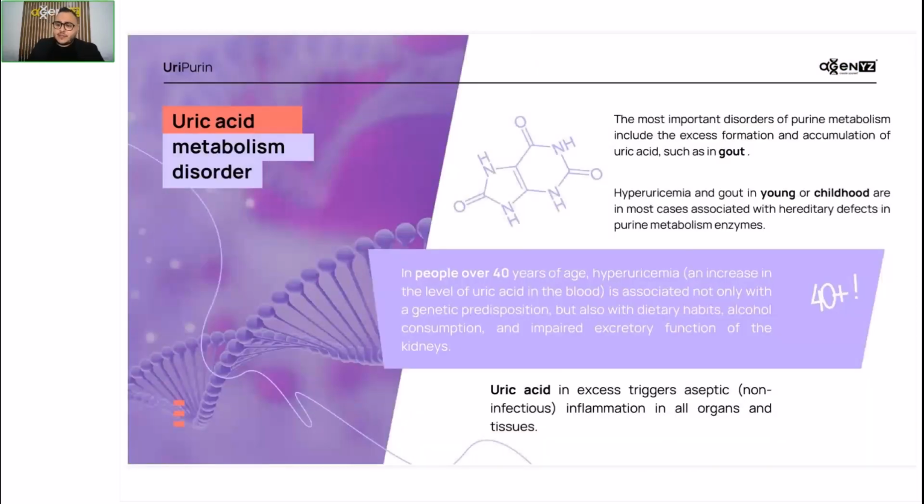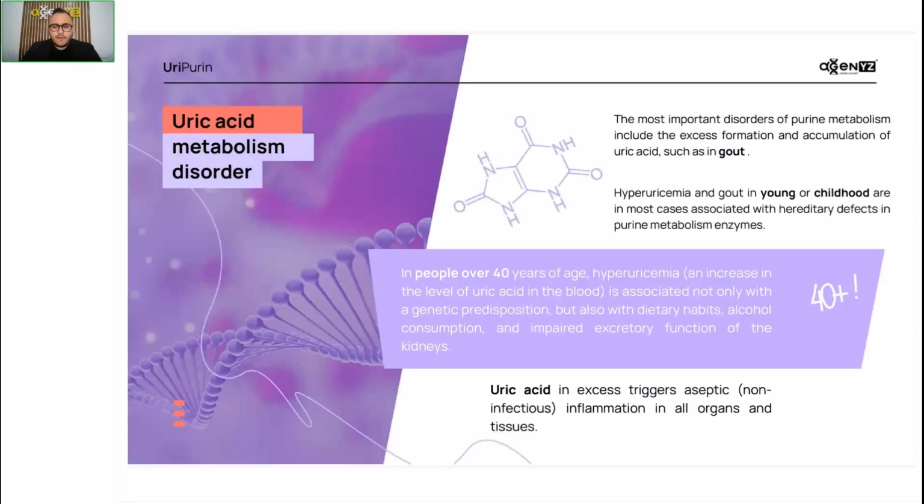The most important disorders of purine metabolism include the excess formation and accumulation of uric acid, such as in gout. Hyperuricemia and gout in young people or childhood are most associated with hereditary defects in purine metabolism enzymes.